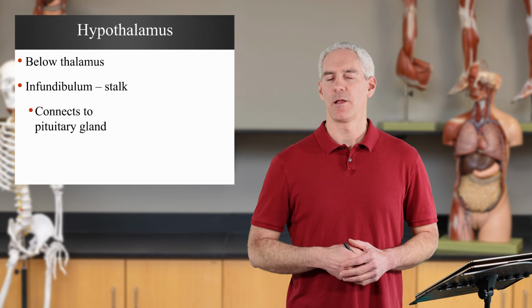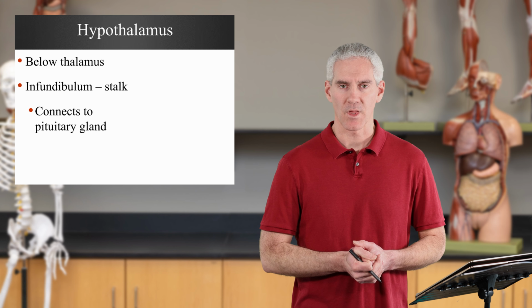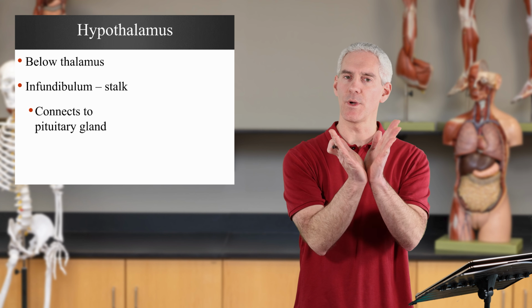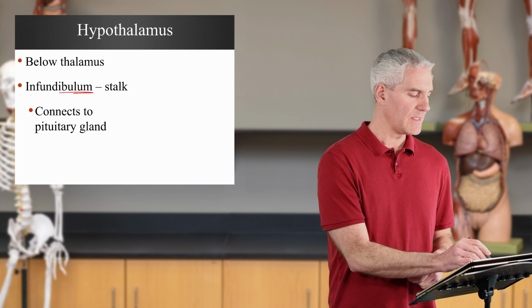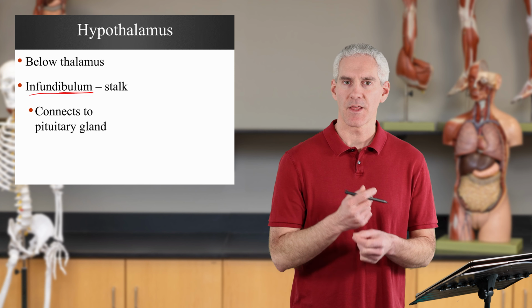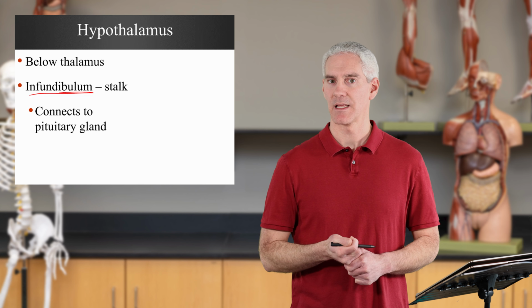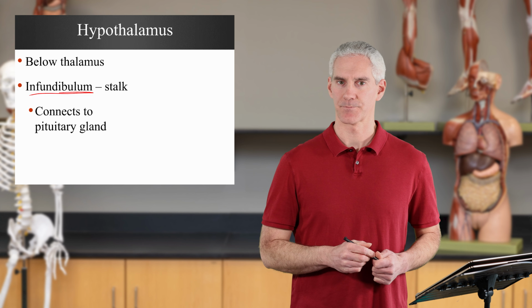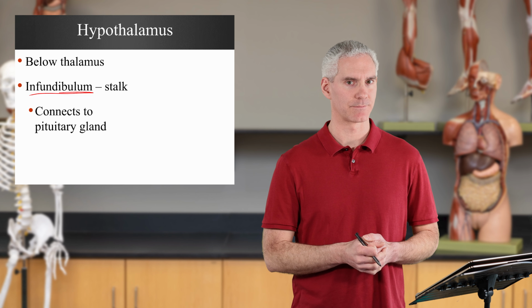Now the hypothalamus is located below or inferior to the thalamus. As the hypothalamus comes down to a point, it's ending at the infundibulum. This infundibulum is a thin little stalk or connection between the hypothalamus and the pituitary gland. Now, the pituitary gland is your endocrine system.